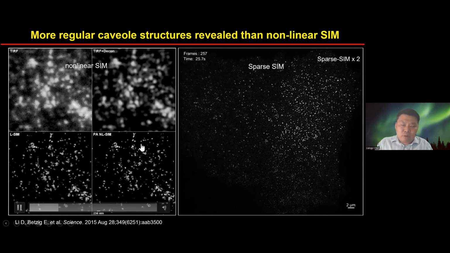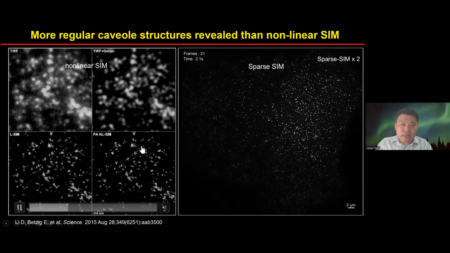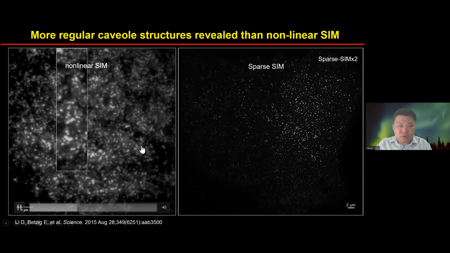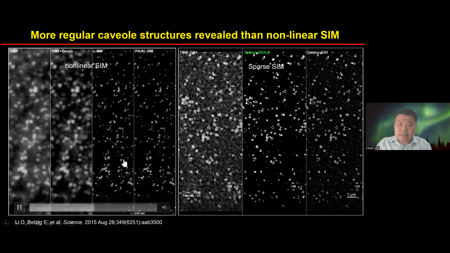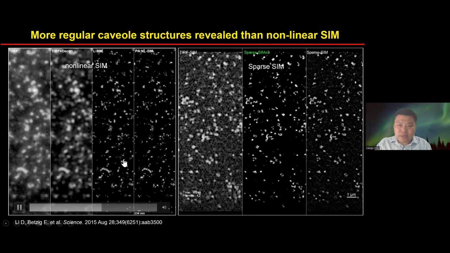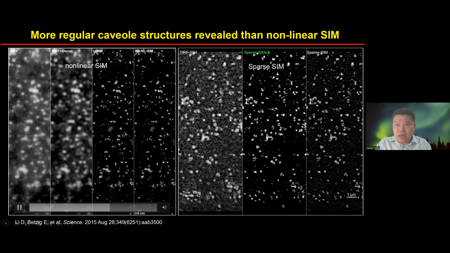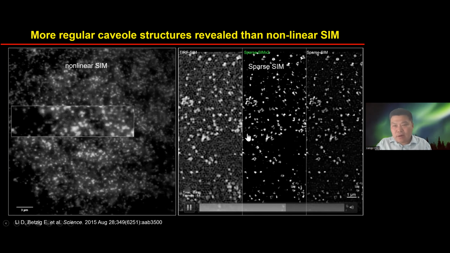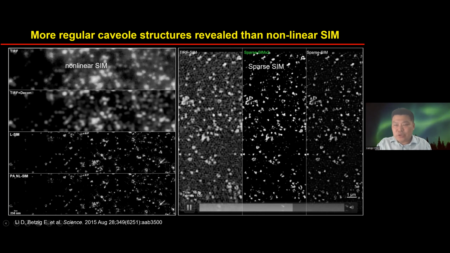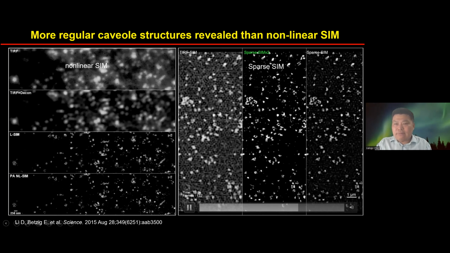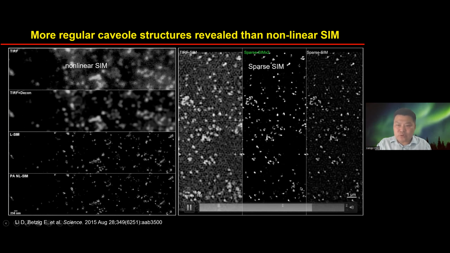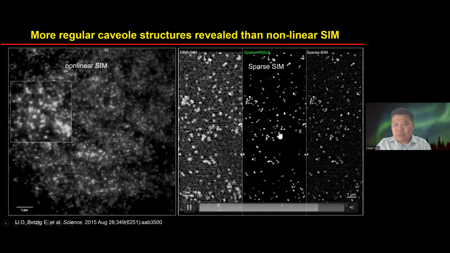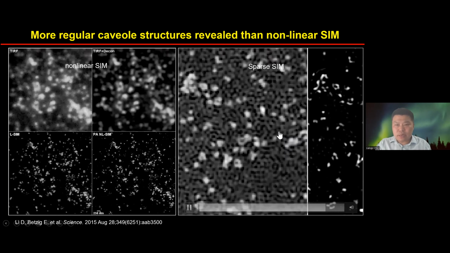For example, caveolin structures previously could only be resolved with nonlinear SIM, because they are less than 60 to 70 nanometers. However, now we only use 9 images with linear SIM, and after manually upsampling and doing sparse deconvolution, we can resolve these ring-like structures. Okay.